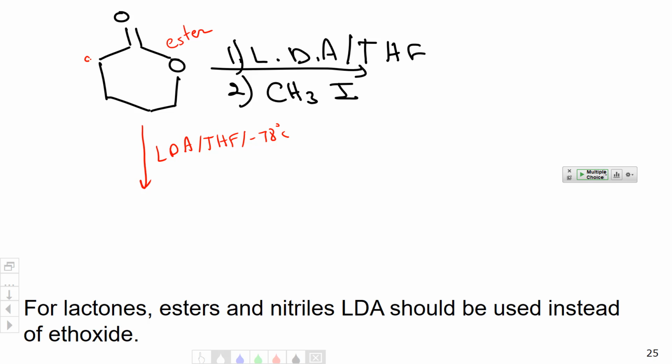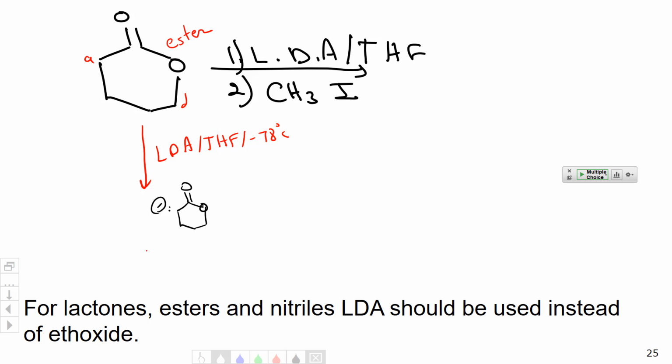The question is, is carbon A or carbon D the alpha carbon in this case? Go ahead. Very good. It's A, because for it to be the alpha, the carbanion should be close to the carbonyl. So the first step will result in the deprotonation, the formation of the carbanion.